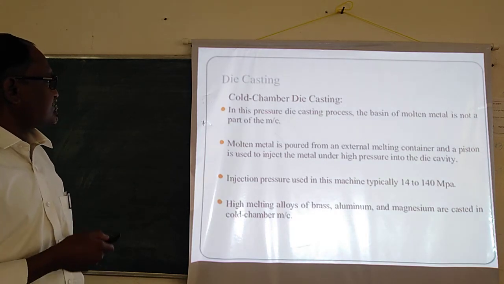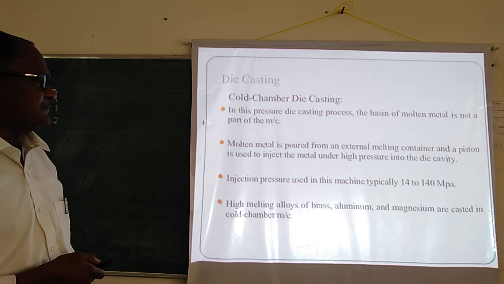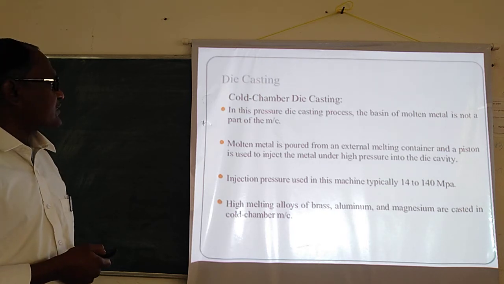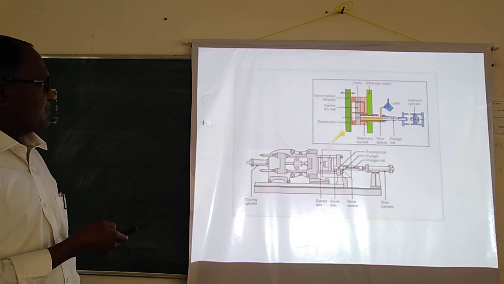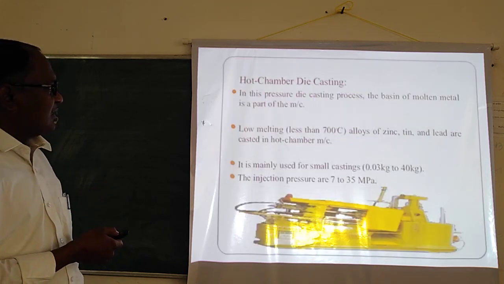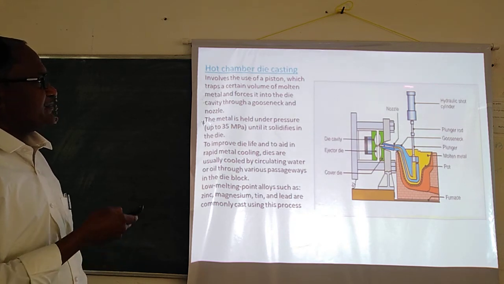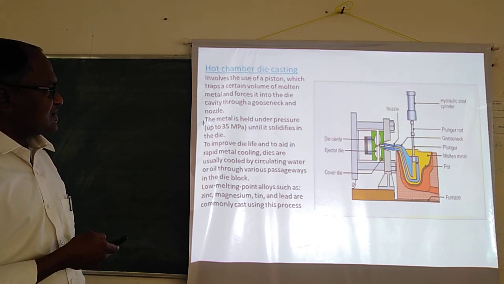Now let us see cold chamber die casting and hot chamber die casting. This is the block diagram of the cold chamber die casting, and this is the block diagram of the hot chamber die casting. If you look at this diagram, there is a furnace.